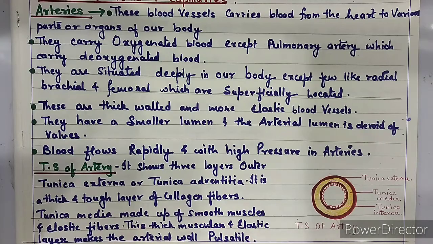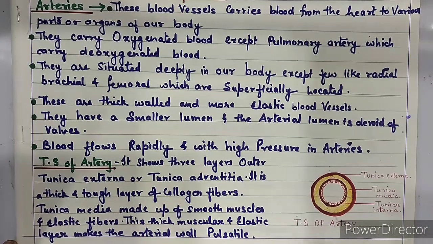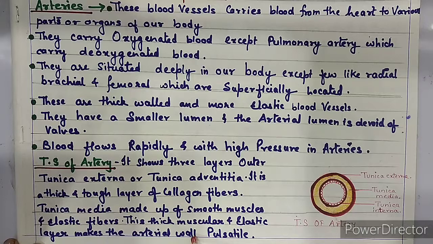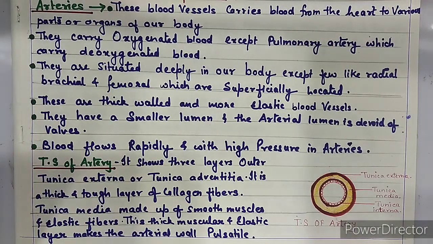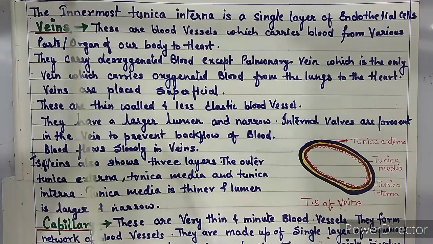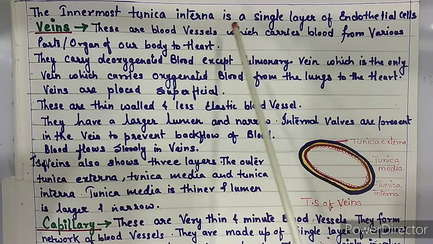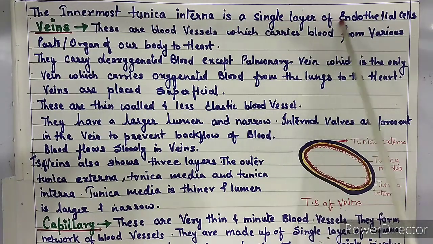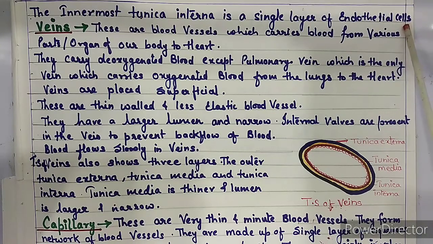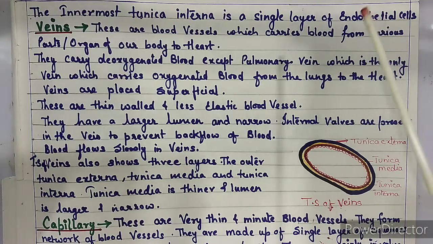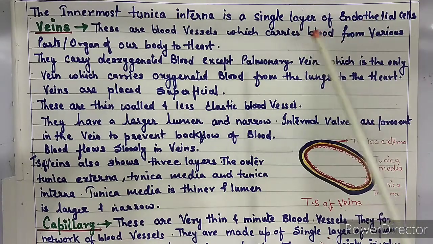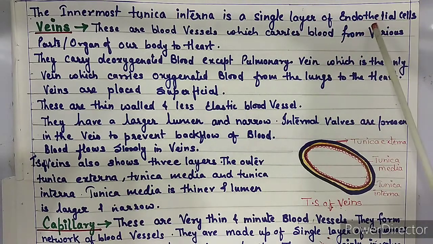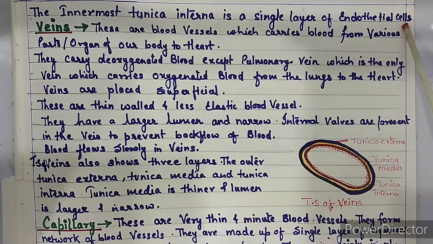This thick muscular and elastic layer makes the arterial wall pulsatile. The innermost tunica interna is made up of a single layer of endothelial cells. We have seen that the innermost layer is made up of a single layer of cells. Which cells? Endothelial cells.